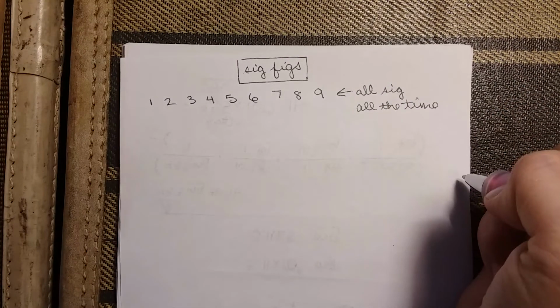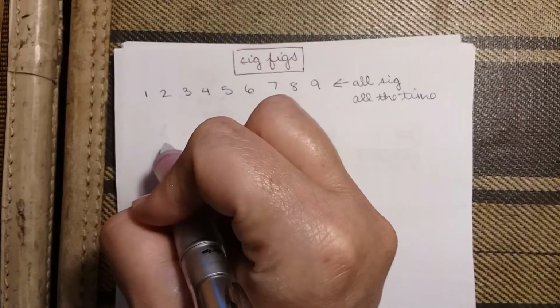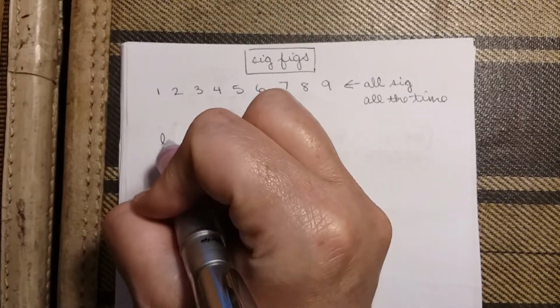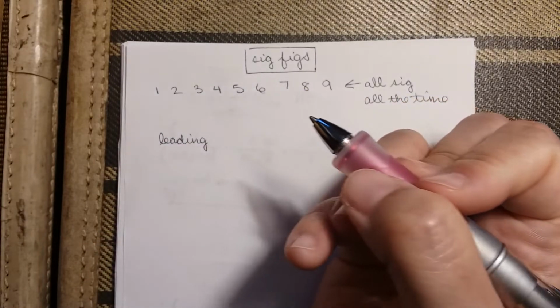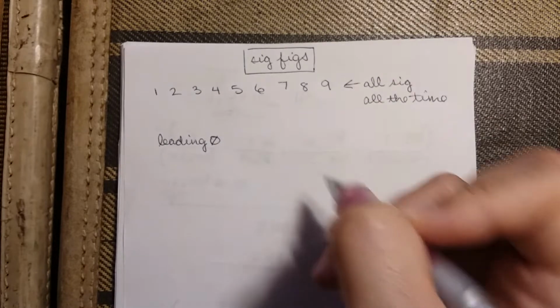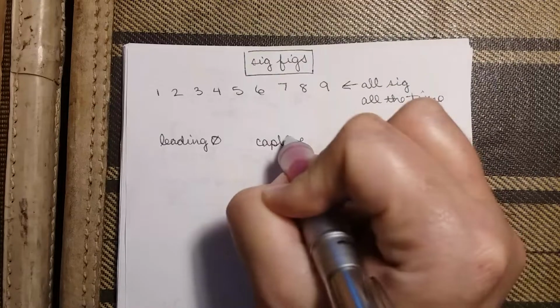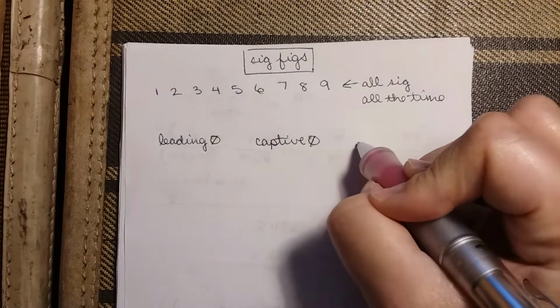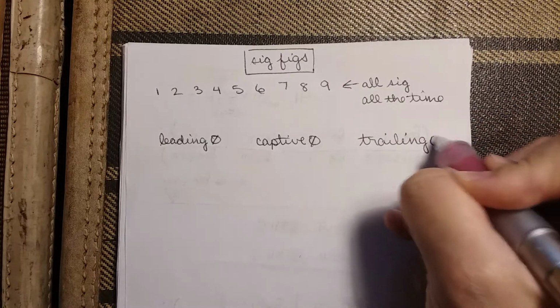It's the zeros that cause all the problem. So you can have 3 kinds of zeros. You can have leading zeros, captive zeros, and trailing zeros.